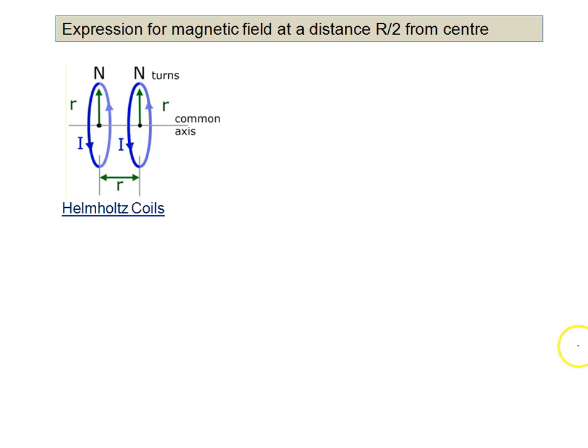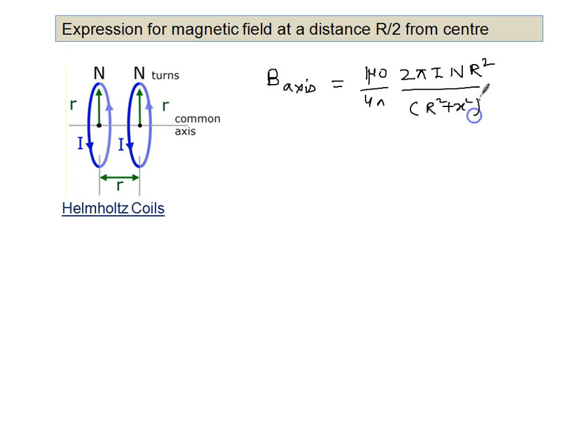As I told you earlier, if all of you recall, the magnetic field at a distance x along the axial line can be written as mu naught upon 4 pi, 2 pi I n r square upon r square plus x square power 3 by 2. Okay.